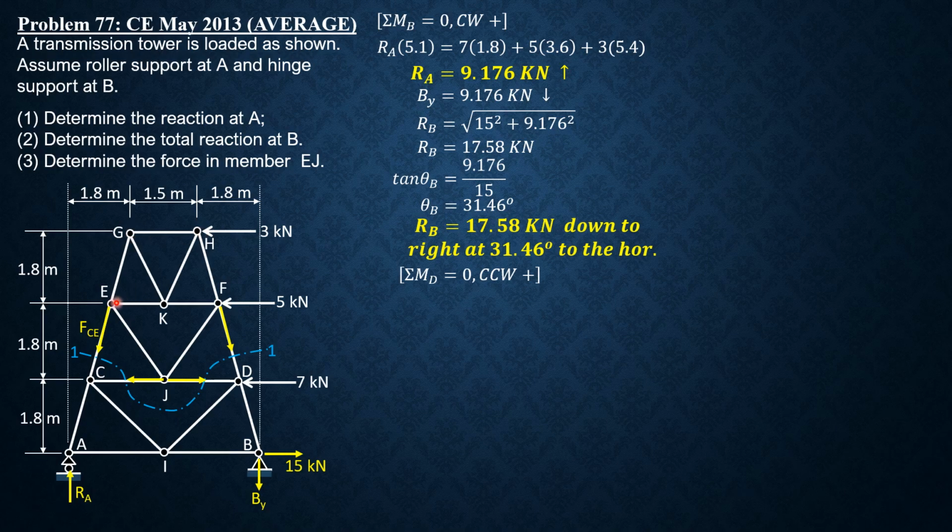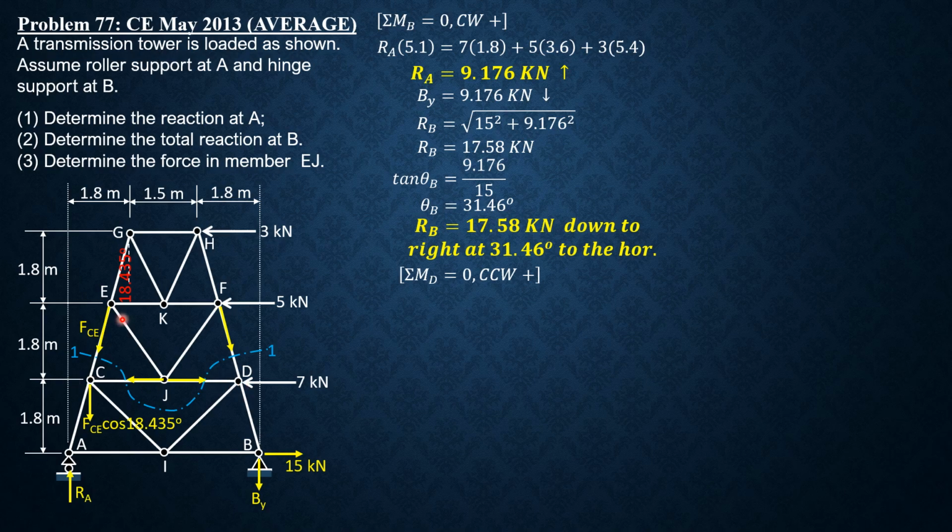So the increase in length is 1.2. 1.5 plus 1.2 is 2.7. Therefore, this is 1.35 and 1.35. The angle that CE or GE makes with the vertical is arctan of 1.8 over 5.4, and that is 18.435 degrees.